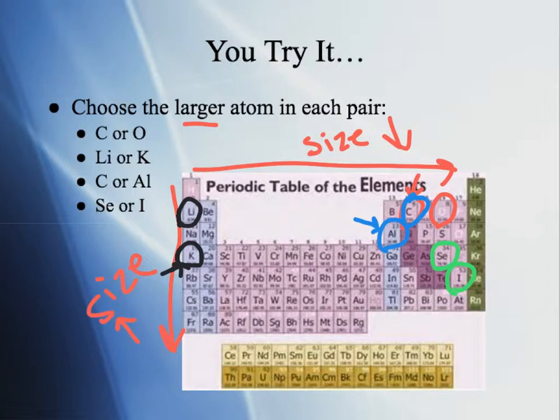So if these were on the same level, iodine right here would be smaller than selenium because it's further over. However, it is one down, so that means it might be bigger. So this one's a toss-up. Those you can't really tell unless you're given data. So those kinds of examples you won't see on tests or quizzes. It'll be very clear-cut ones like we did up here, 1 through 3.